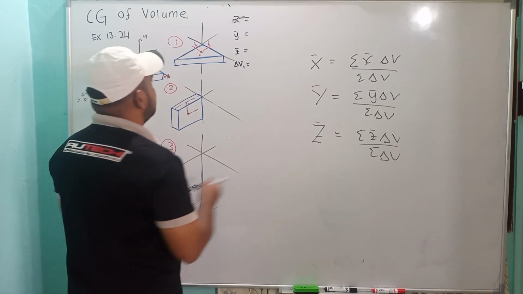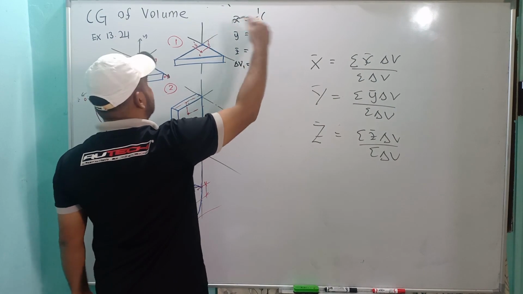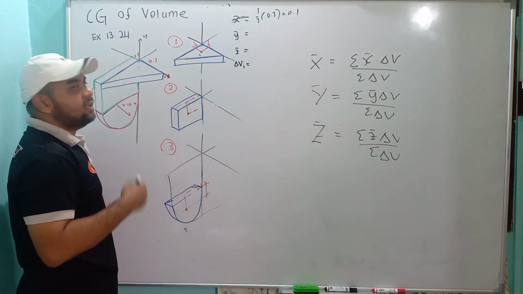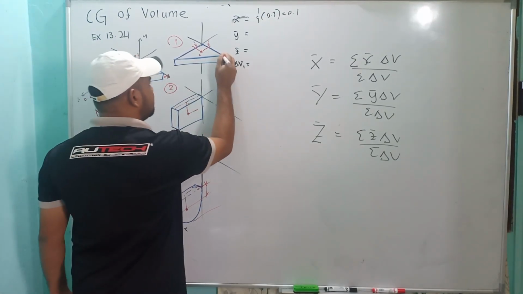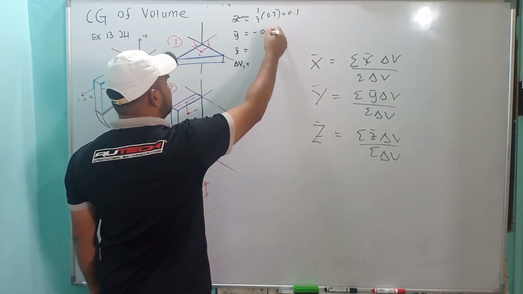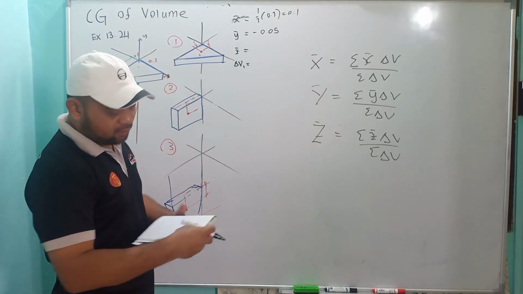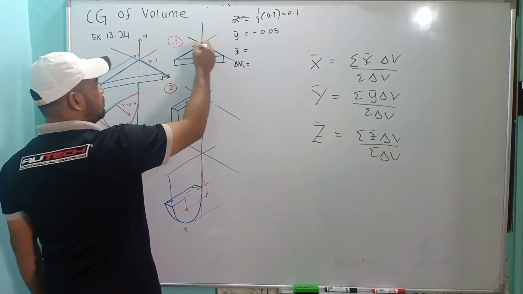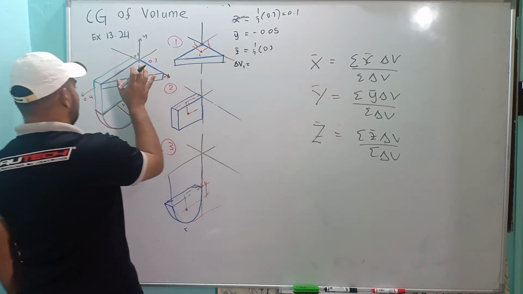So x bar, this is x, so we have 1/3 times the length given, 0.3, so equal to 0.1. Y bar, as I'm showing you, is in the middle of this thickness, which is 0.1. It is going downward, so it will be negative 0.05. And then z bar is going this way, so from here it is 1/3 of the length.